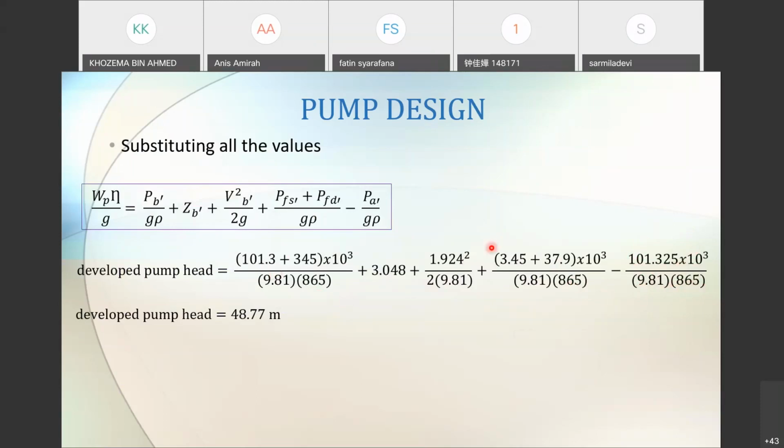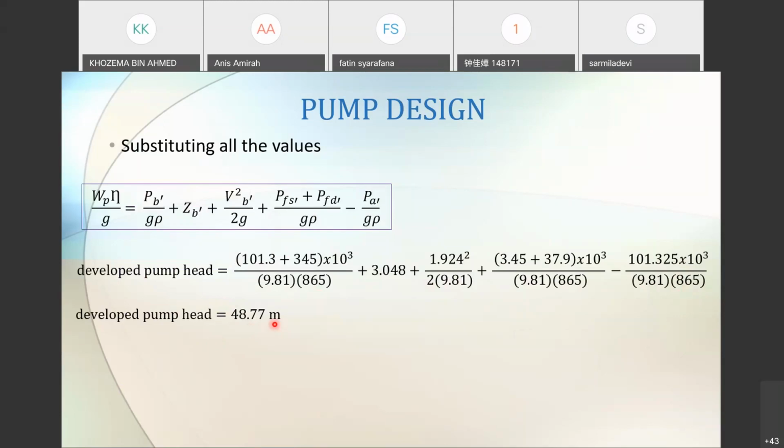If you put this all in the calculator, you will get the value of 48.77 meter. So this is the value of your suction total head, and the unit again is in meter.